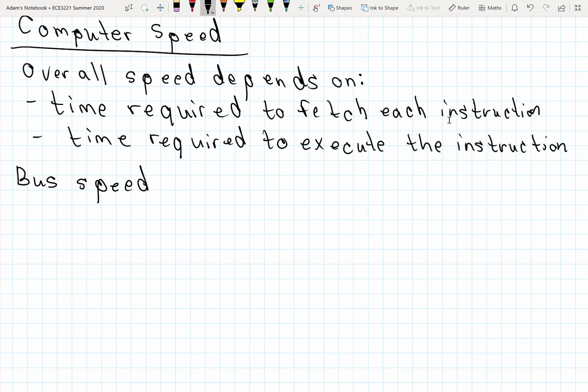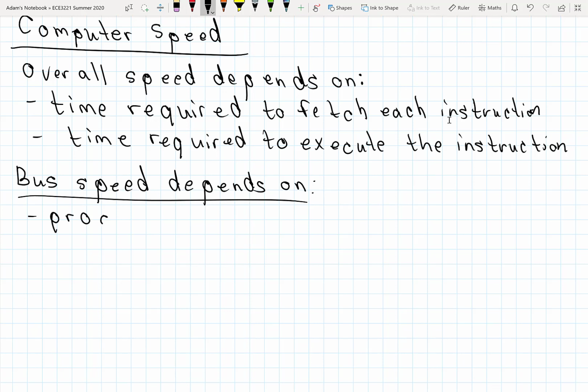Okay, so bus speed, the speed that data can be moved to and from memory or to and from I/O. It depends on a couple of things.